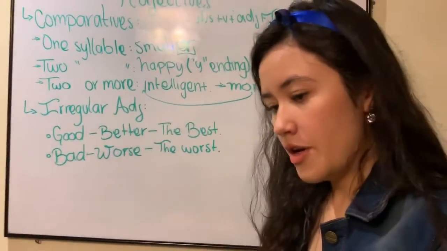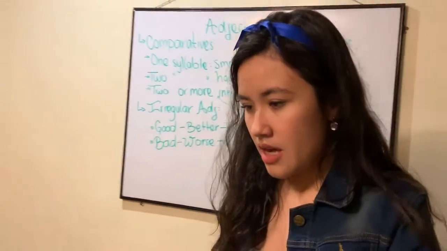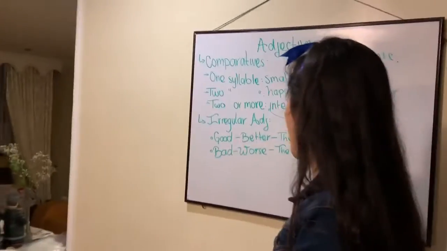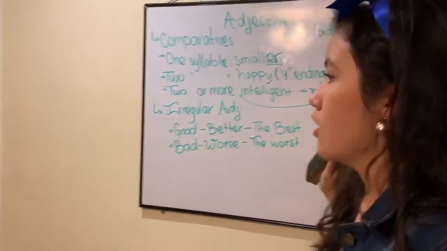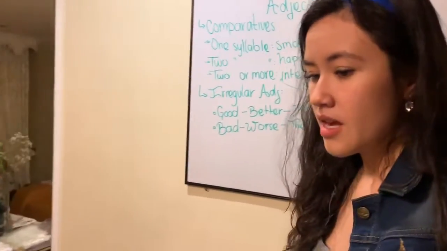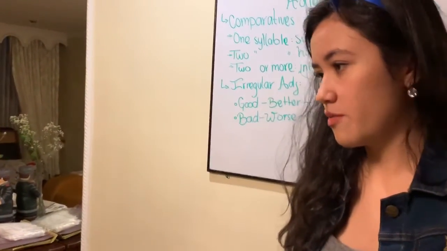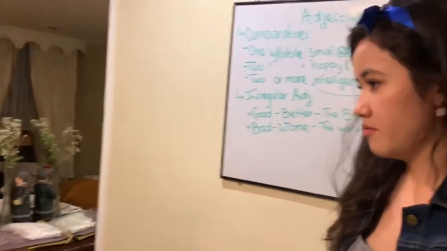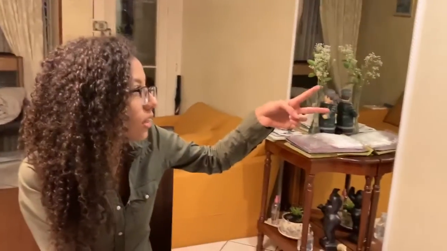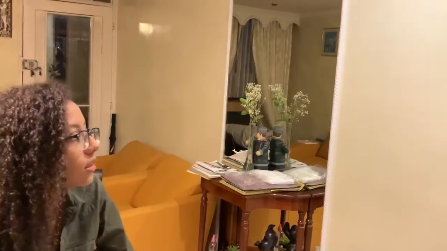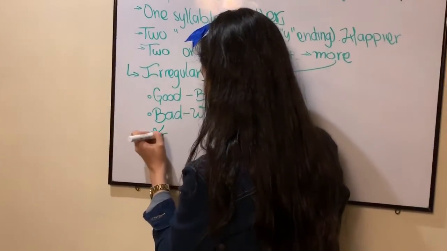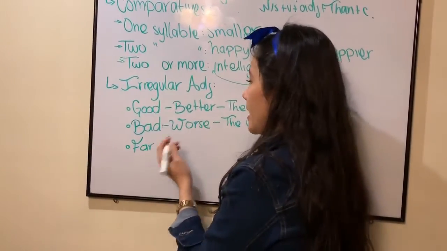Finally, I want you to write a short tale using comparatives and superlatives, taking into account all that I explained. If you have any questions, or vocabulary questions, you can ask me. Are these the only irregular adjectives? No, there is another one, which is far. Do you know the meaning of far in Spanish? No. Lejos.